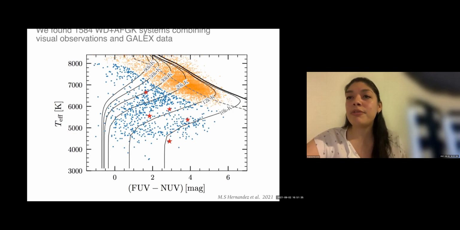I selected 5 of these binaries, shown with the red stars, and characterized them.